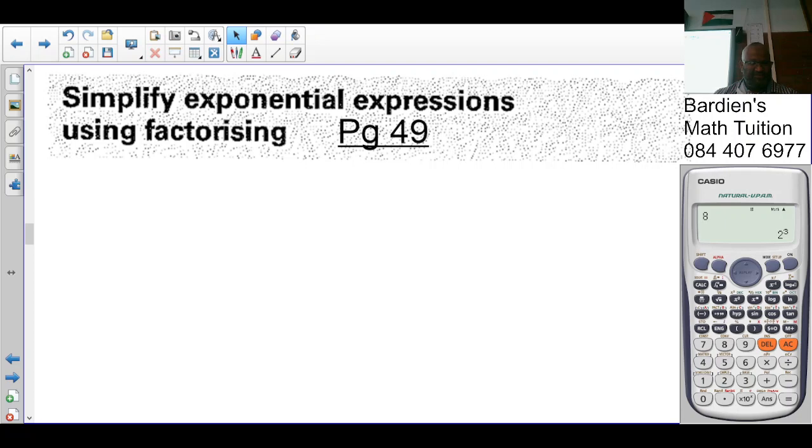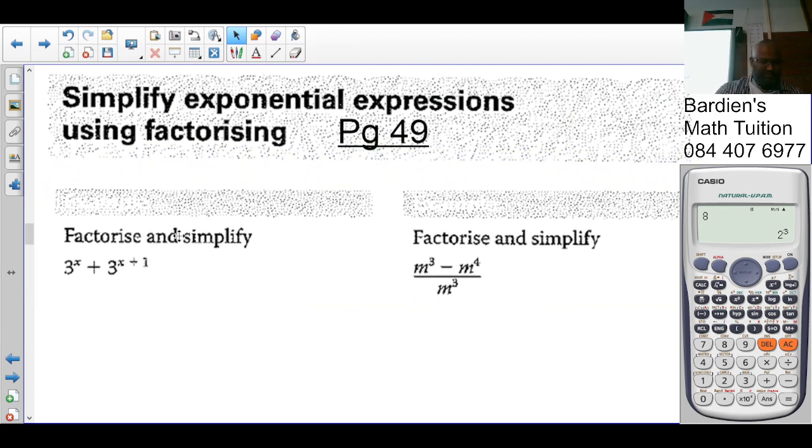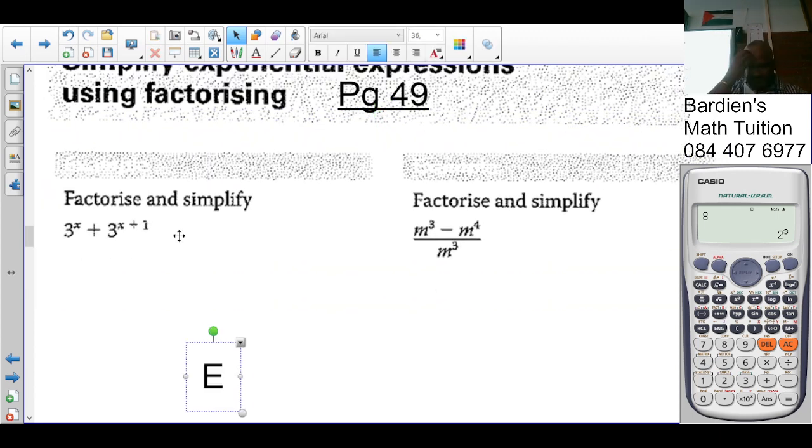So we're going to start off with an example. Example 1 on page 49.